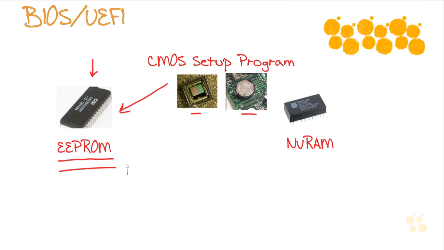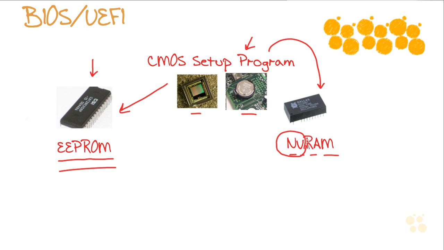Now, when we make changes in here, though, those changes need to be stored somewhere, and they're stored in another chip called the NVRAM chip. That stands for non-volatile RAM, and this is kind of interesting, this verbiage, because non-volatile means it won't change.